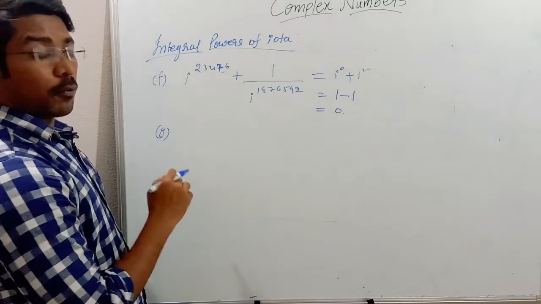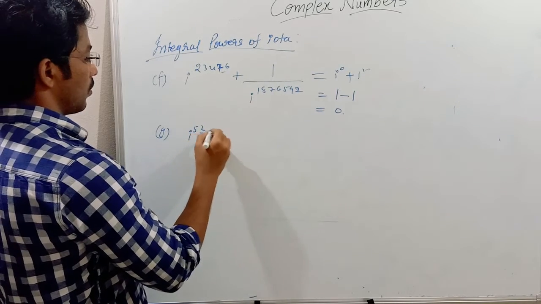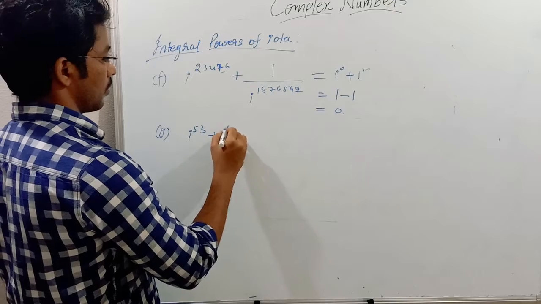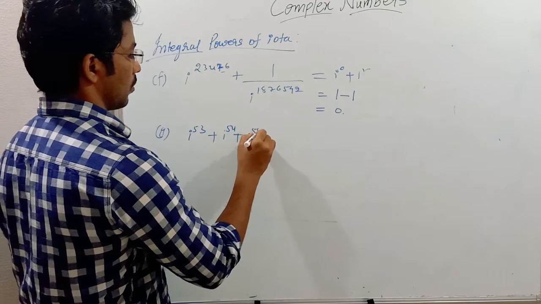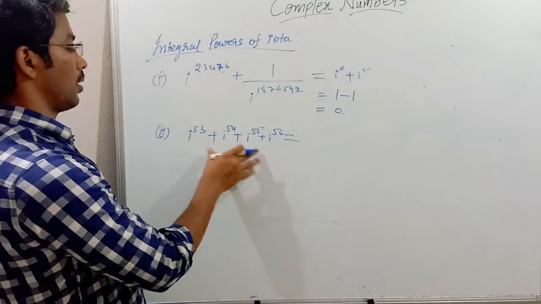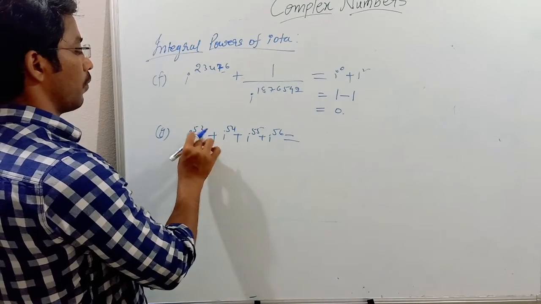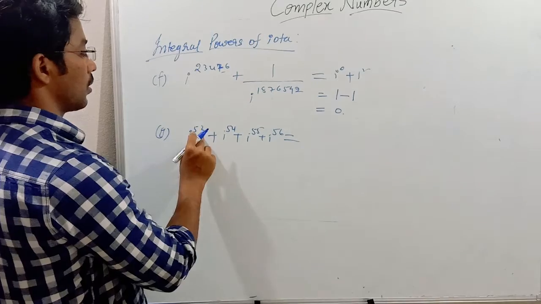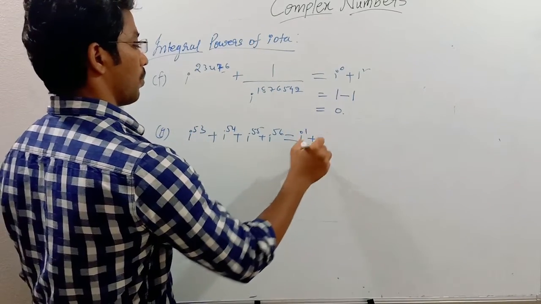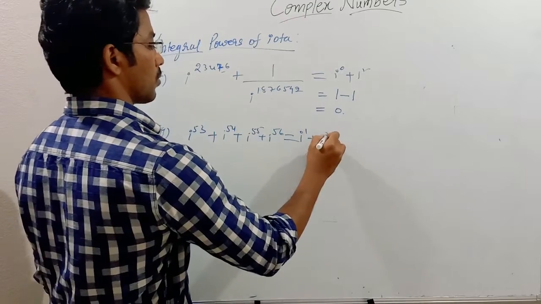So next problem, we take 4 consecutive powers of iota. When you divide by 4, what do we get here? i power 1 plus i square.